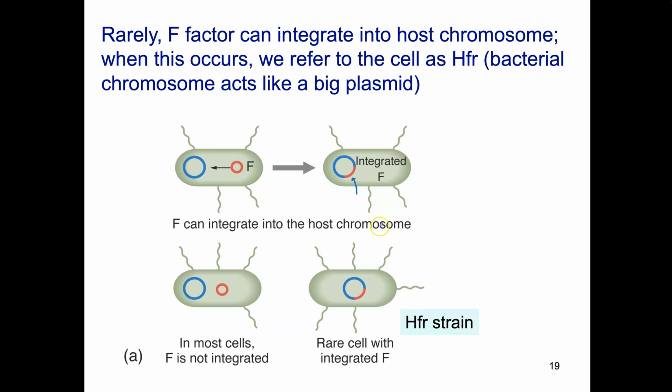And because it's so huge, when it is a donor cell and it encounters an F- cell, it will try to transfer itself into the recipient cell, but the F factor is right at the very end of the process, and bacterial genes get transferred first. And that's where we're going to start in the next prep.